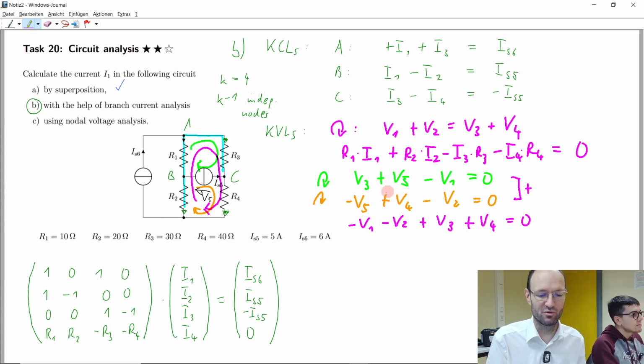In our case, we would not like to have it. So don't be afraid, there is no right and wrong. If you set up Kirchhoff's voltage laws, if you set up Kirchhoff's current laws, if you insert Ohm's law, it will always somehow work. There are just more efficient and less efficient ways of calculating such circuits.